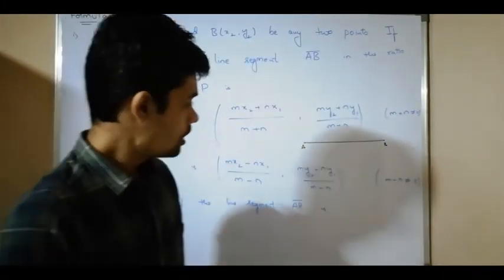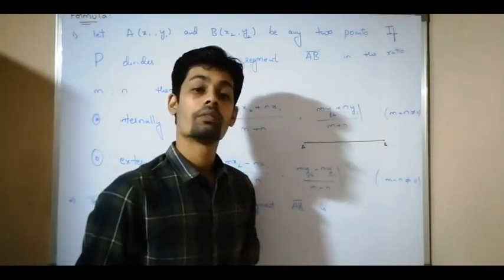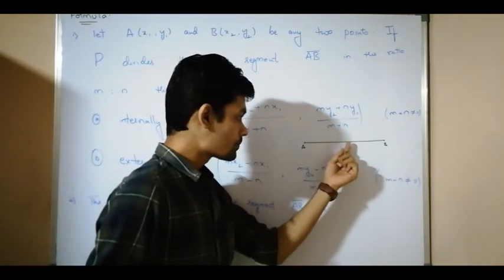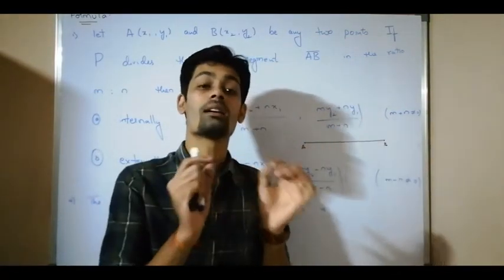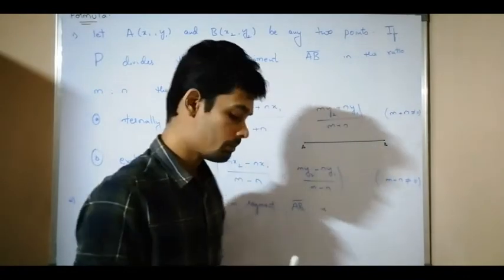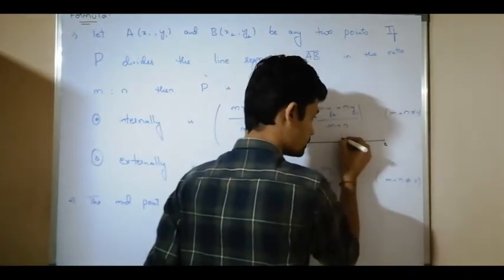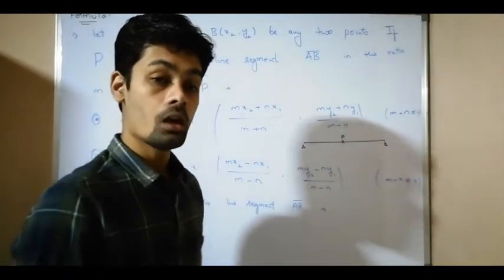On this line segment, there is a point such that the distances AP and PB are both the same. You will get only one point, and that point will be at the center of the line segment. This point is said to be a midpoint.